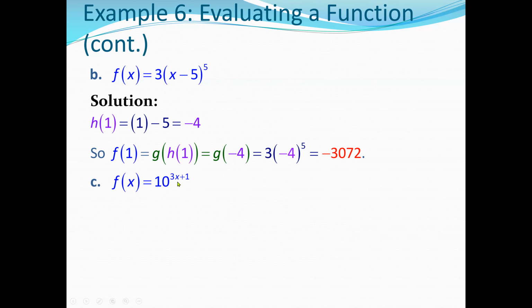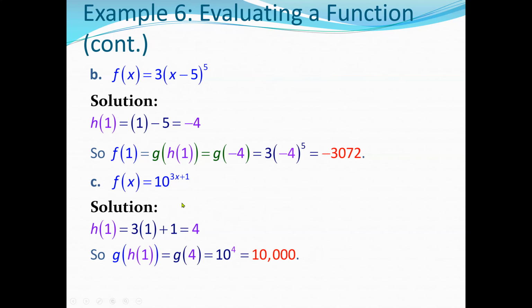Then 10^(3x+1): h(1) will give me 3 times 1 plus 1, which is 4. Then g(h(1)) will give me g(4), which is 10 to the power 4, roughly 10,000.